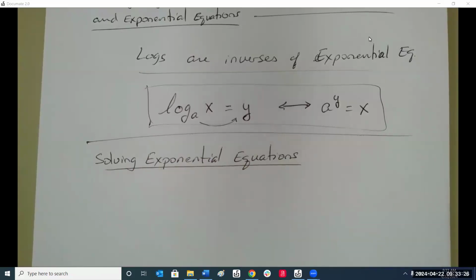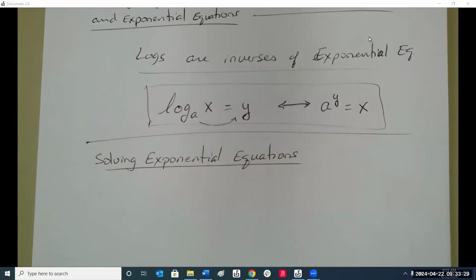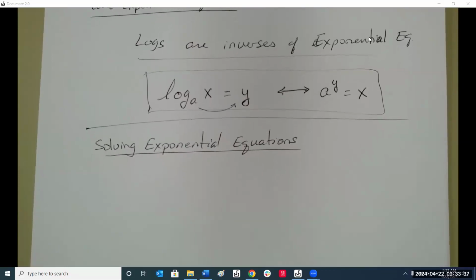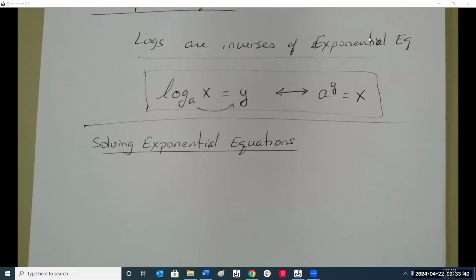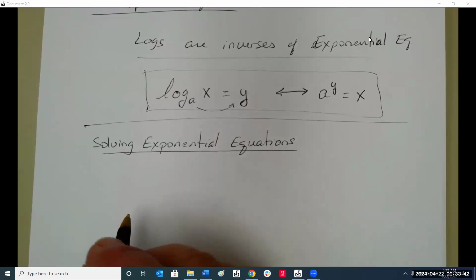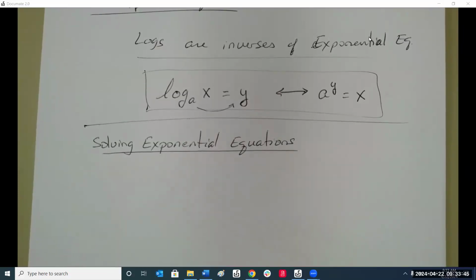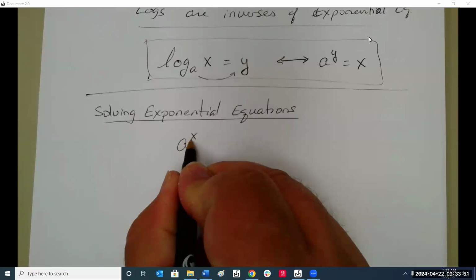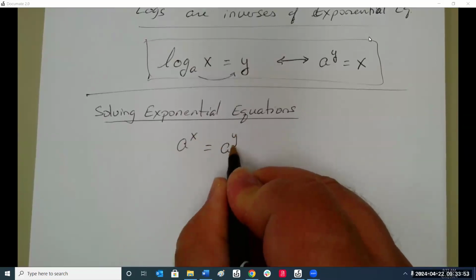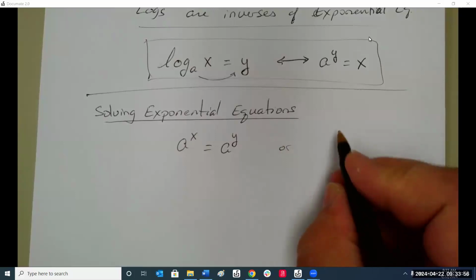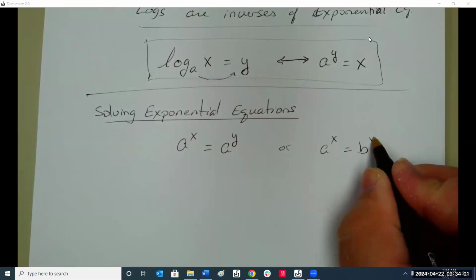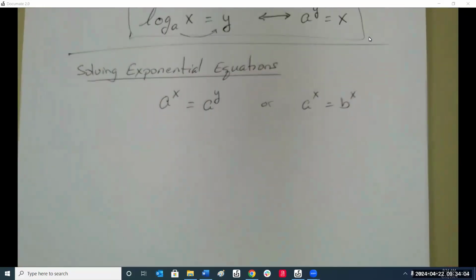Solving exponential equations. We have 2 possibilities that can occur here.